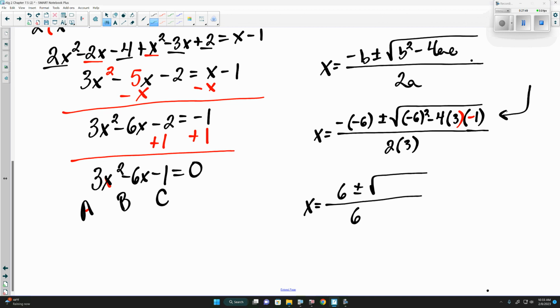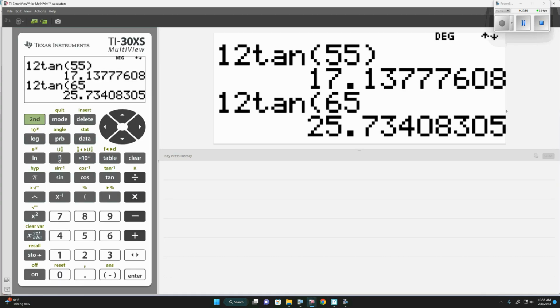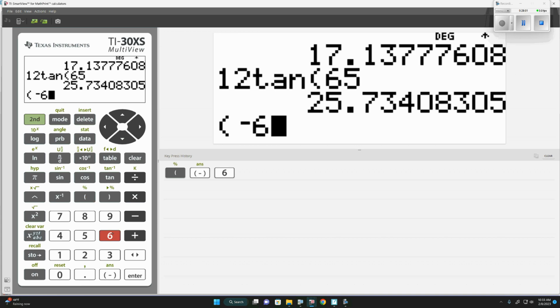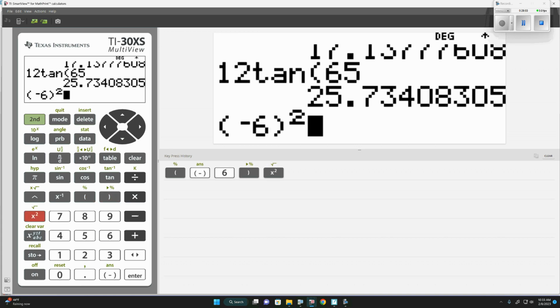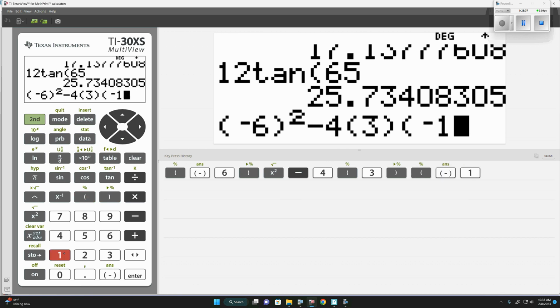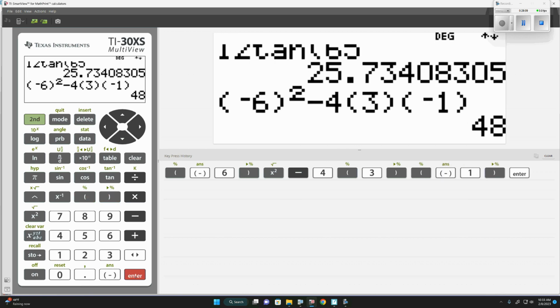The next thing I would do is simplify everything inside the radical. I wouldn't take the square root of it yet, but I would want to see what this is. So in the calculator, we can do parentheses, negative 6 squared minus 4 times 3 times negative 1. And we get 48.